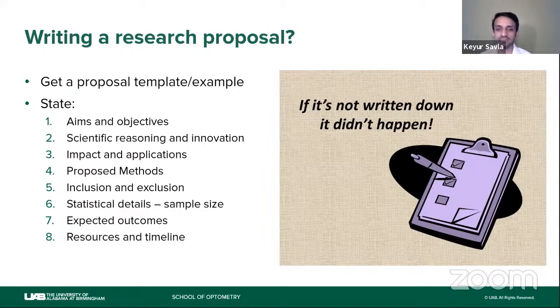But if it's at a bachelor's level, do understand you've spent a lot more time reading about that topic in the past 2-3 weeks, 1 month, than they would have done in the last 1 year. So you are the expert in that field. You just need to show it to them, saying, this is what I read and this is where I found it and this is the evidence. So that will help you justify your work and will help you get through your proposal.